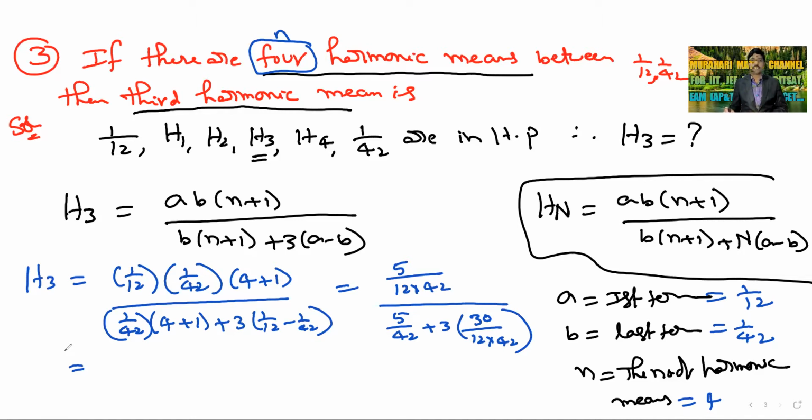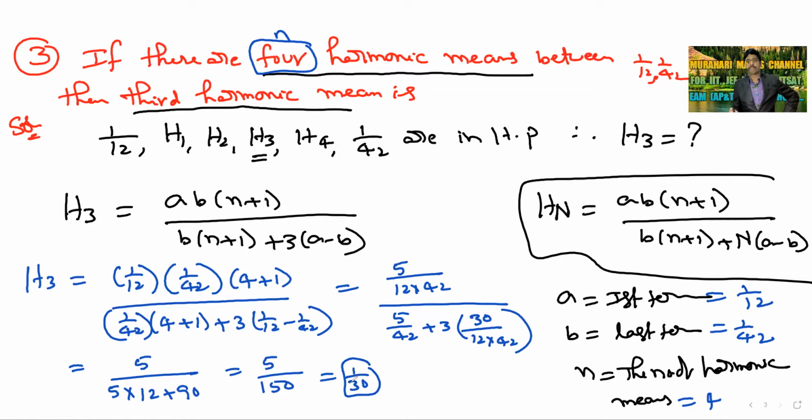So after the LCM, 12 into 42 gets cancelled. 5 by 5 into 12 plus 90. So it is going to be 60 plus 90, 150, 1 by 30 is the answer. What is the answer? 1 by 30.